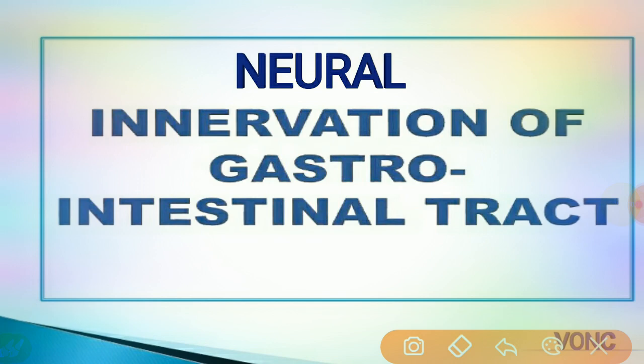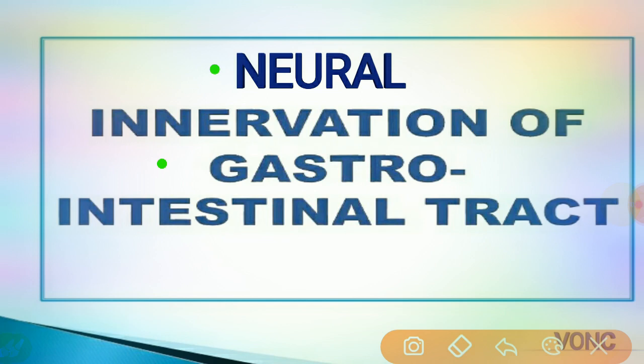Today we will discuss the continuation of the digestive system. Today's topic is neural innervation of the gastrointestinal tract. We know that every system of the human body has innervation by different sets of neurons. Here also the gastrointestinal tract is innervated by groups of neurons.